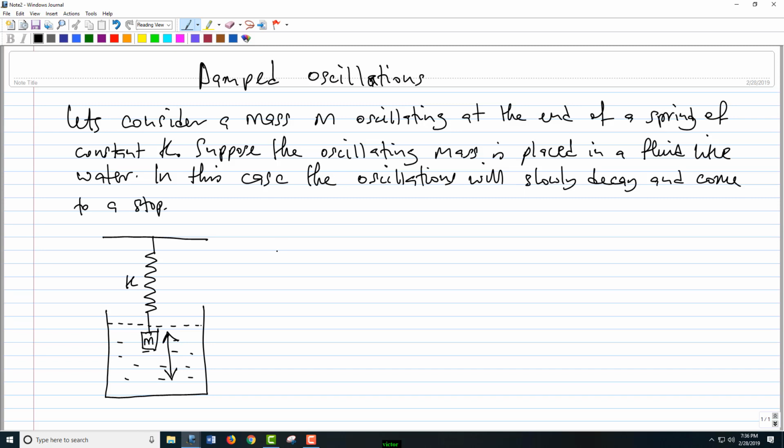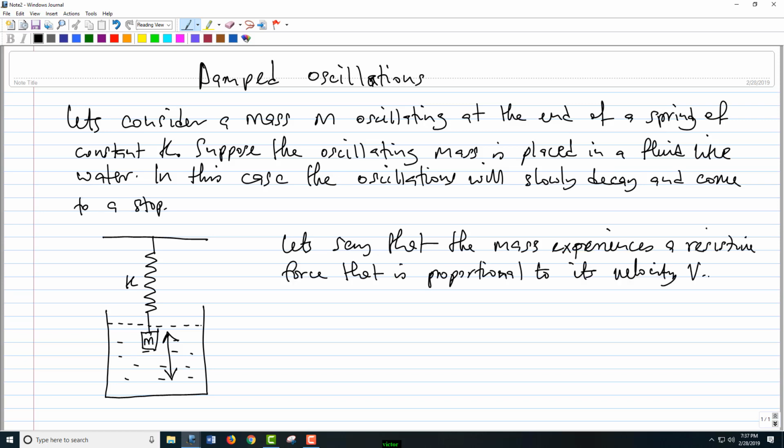Let's say that the mass experiences a resistive force which is proportional to its velocity. So we can say that the resistive force R is equal to minus B times V. Of course, this is a vector quantity, where B is a constant of proportionality, and it's called the damping coefficient.